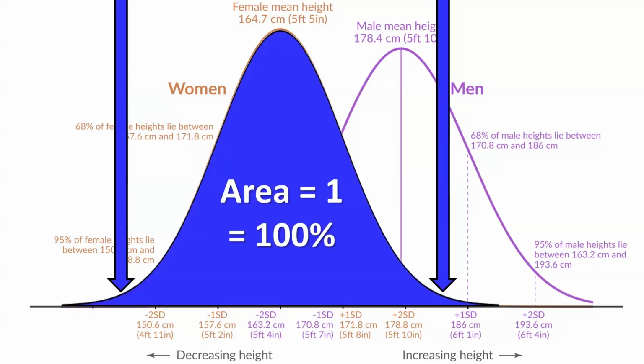And then the mean height for females in our world is 5'5", and that is the most frequent height that is recorded. So the most frequent height is women who are 5'5", and very close around that value is where you find the most individuals in this world, and that again is represented by the area under that particular part of the curve.